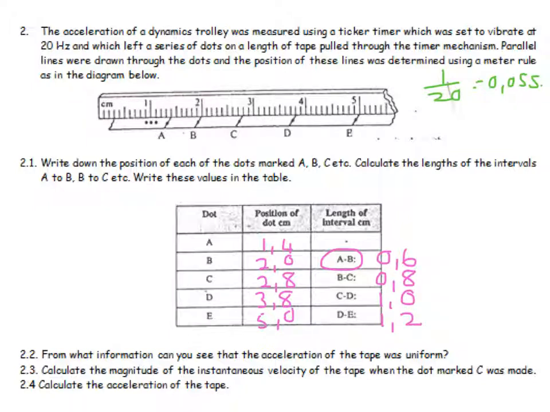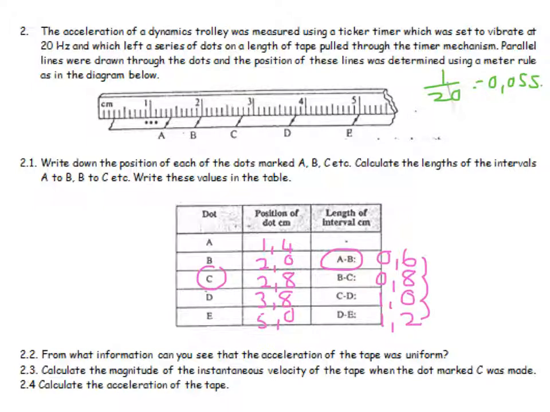From what information can you see that the acceleration of the tape was uniform, that there are equal changes in the length of each interval? So you add 0.2, you add 0.2, you add 0.2. Calculate the magnitude of the instantaneous velocity of the tape when the dot marked C was made.